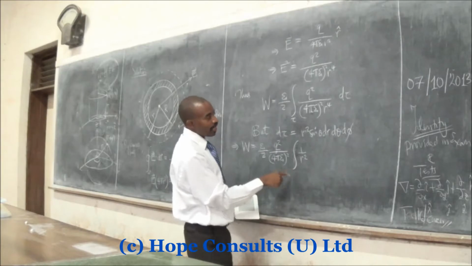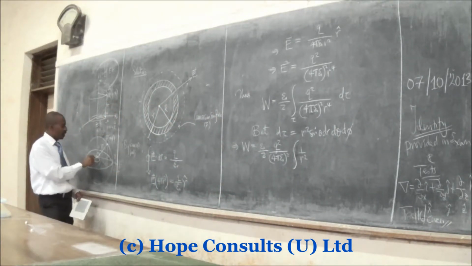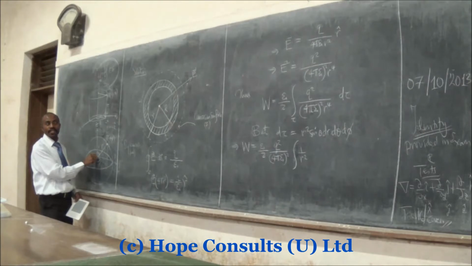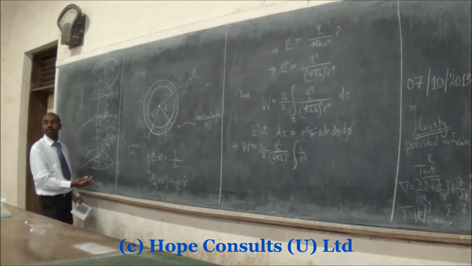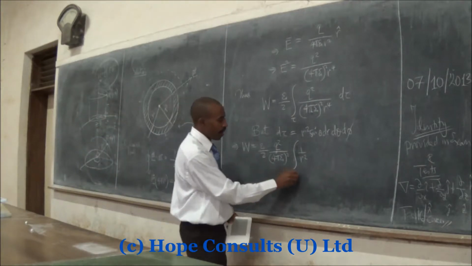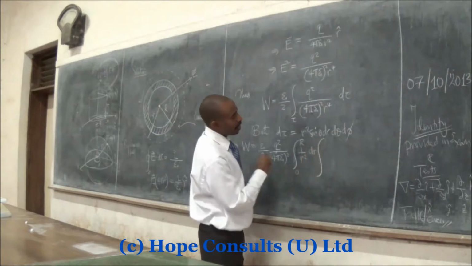And r here will be going from 0. Since our shell is of radius capital R, you can't go beyond the shell. So it will be from 0 to capital R, and this would be the r integral.